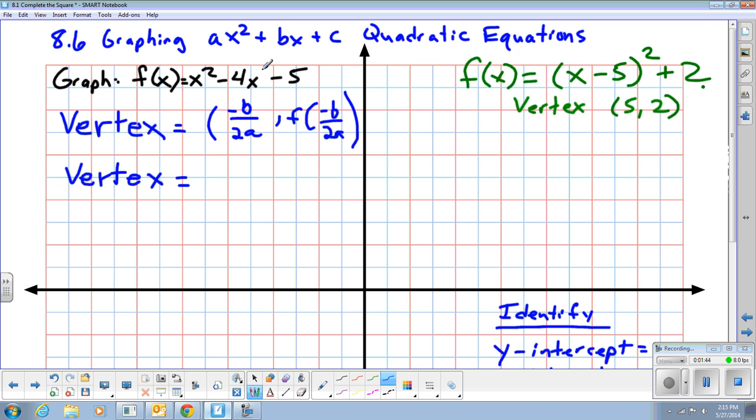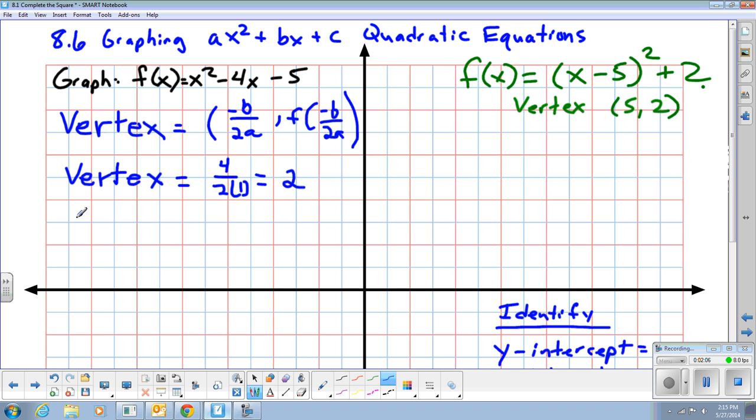And as you know from working with the quadratic formula in lesson 8.2, the opposite of b is 4 all over 2, and a happens to be 1, and 4 divided by 2 happens to be 2. So the x coordinate of our vertex is at 2, so somewhere here. This is also our axis of symmetry too.